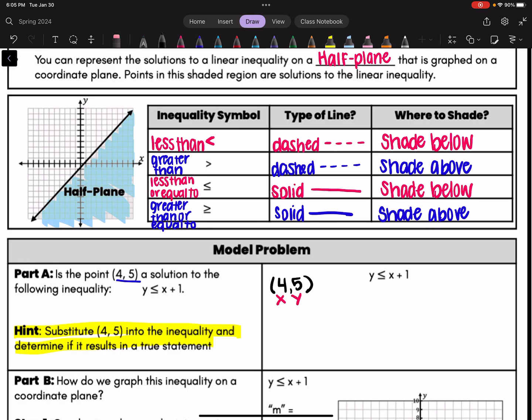So let's go ahead and substitute those values into our inequality. If we need to, we can simplify. So 5 is less than or equal to 5. We know that this is a true statement. So we can conclude that yes, the point (4, 5) is a solution.